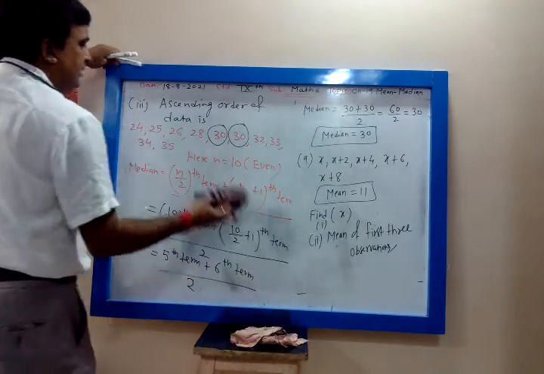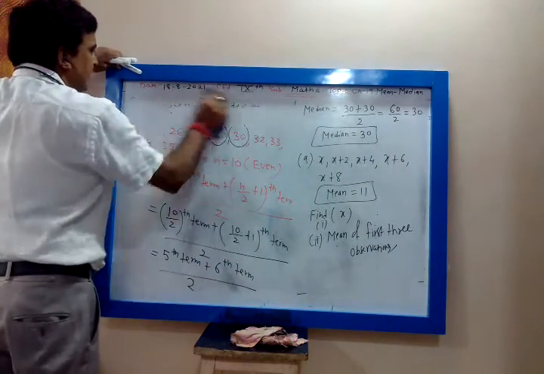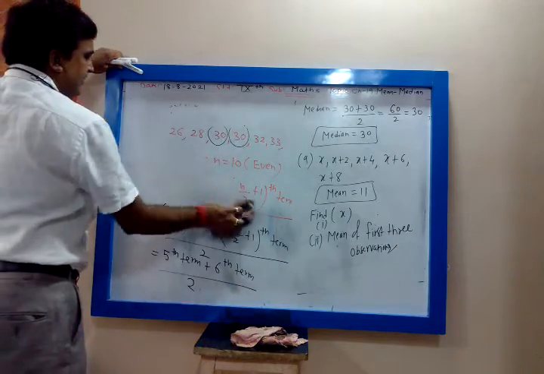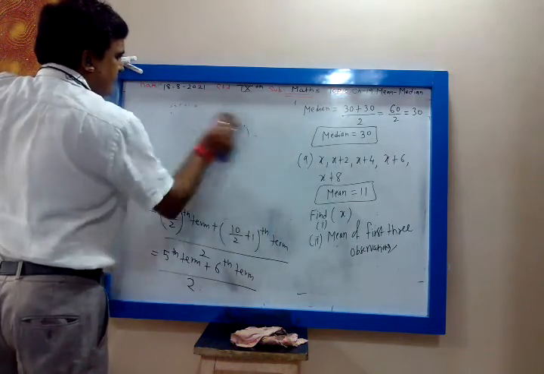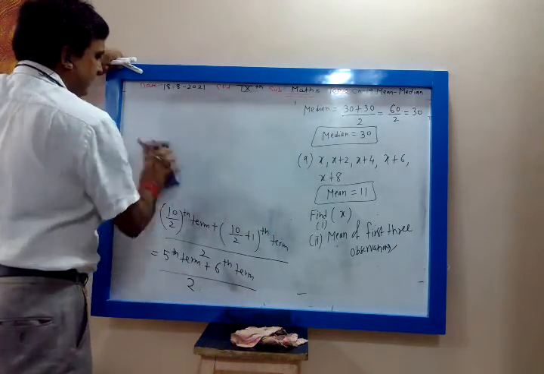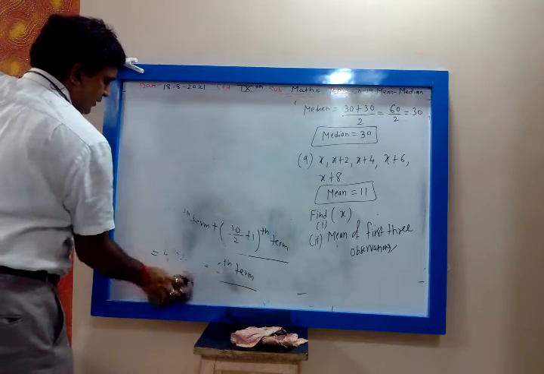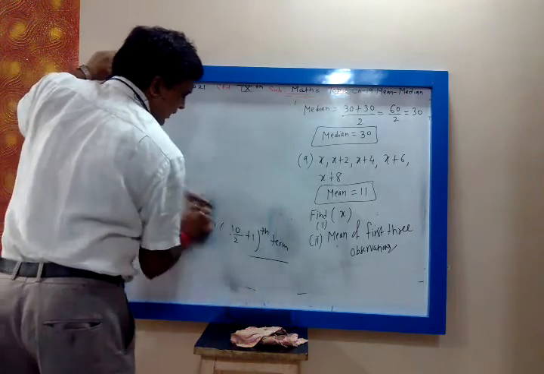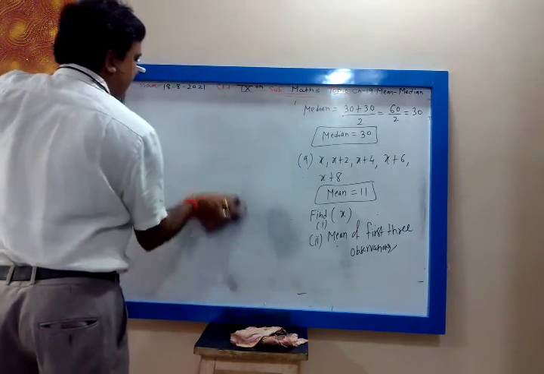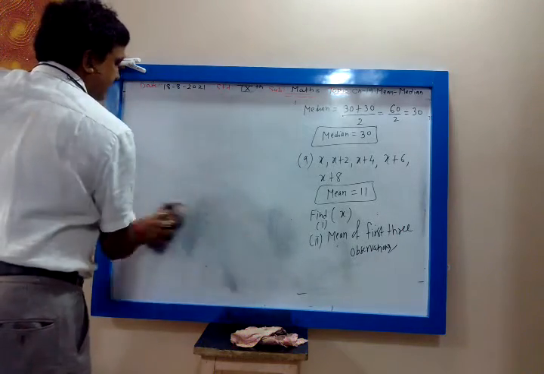Which formula for mean? You add all the values and divide by the total number of values given. Now put the value of x and find the mean of the first three observations.